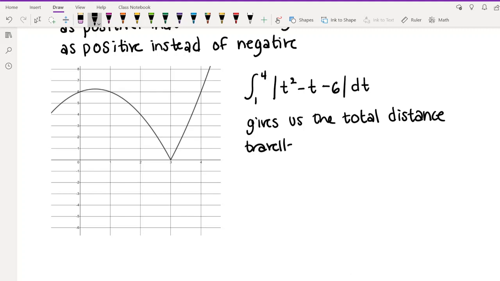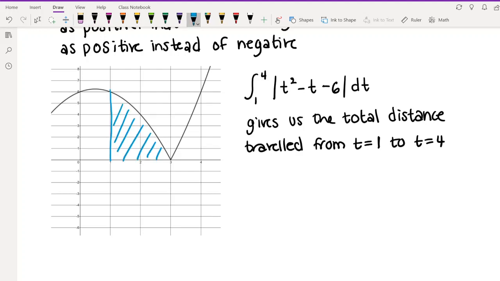Because now if we look at this picture, the part that used to be below the t-axis is now above the t-axis. So now this area is going to be counted as positive, even though it was originally backwards. And this will also be counted as positive. So unfortunately, there isn't really a special formula for evaluating the absolute value of an integral.